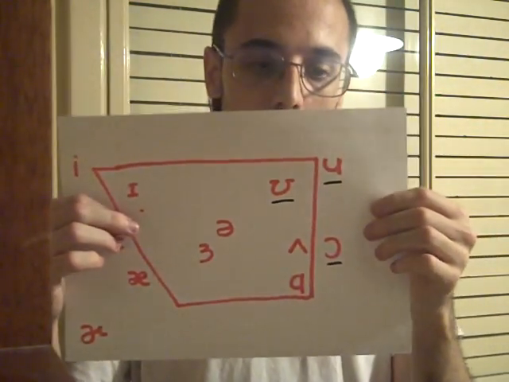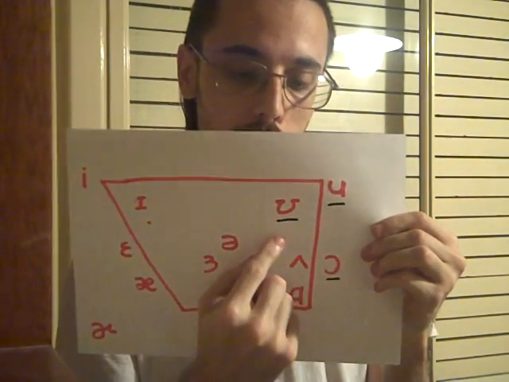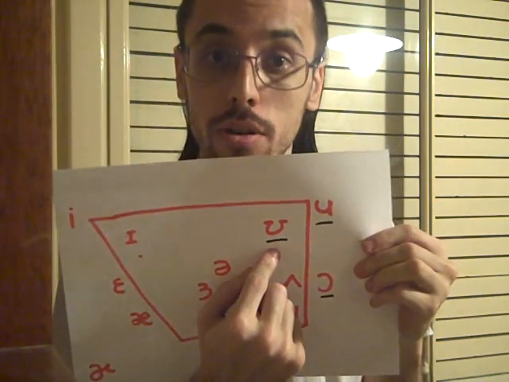Oh, by the way, let me go back to this chart. I have to show you which ones are rounded. I've underlined the rounded sounds. Ooh, like in pool. Like in put.